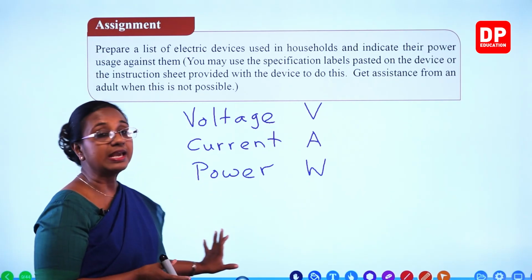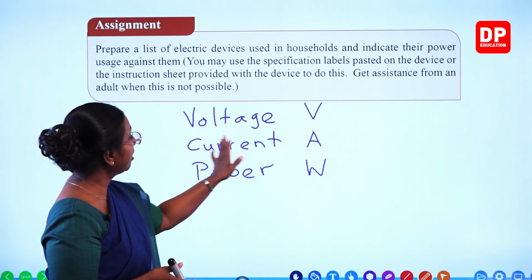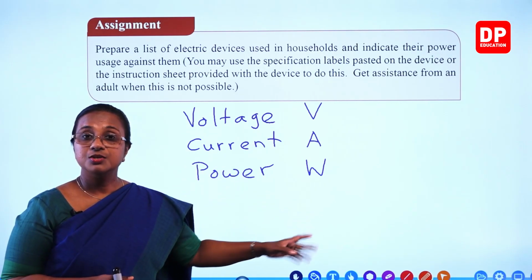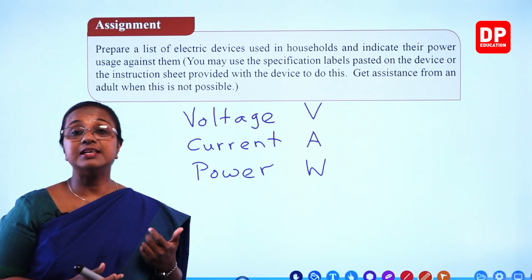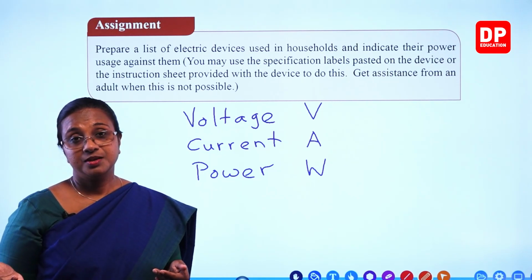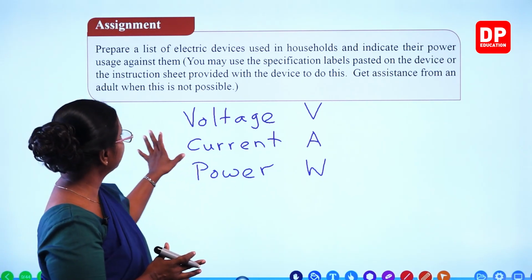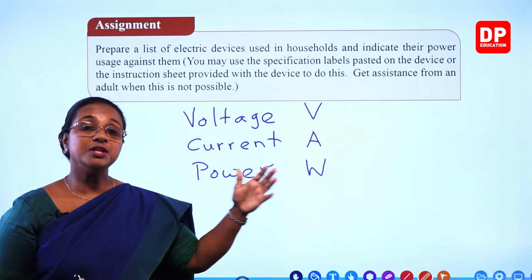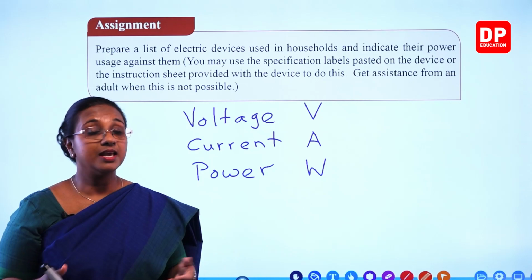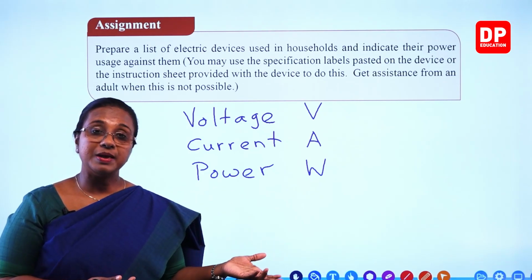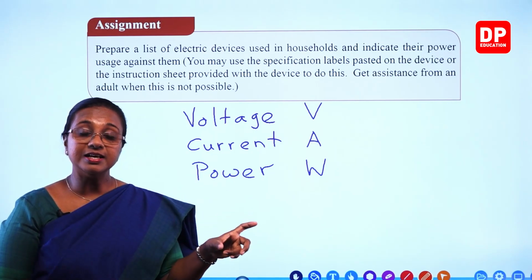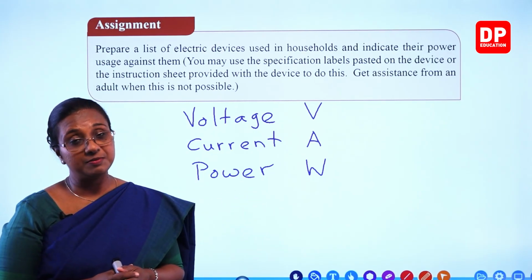So you need to make a list. You can write down the voltage, current consumption, power consumption. So then you can compare the efficiency. So that is what you are expected to do here. If you can't do it on your own, you can get the help of an adult. Maybe your teacher or your parents or an adult in your household to help you with the values and the information.